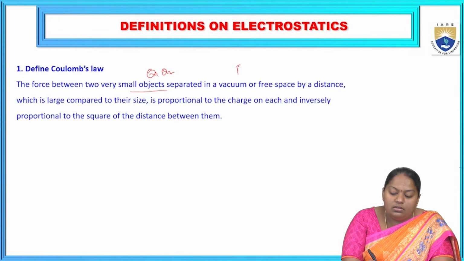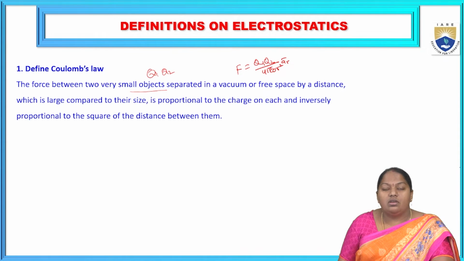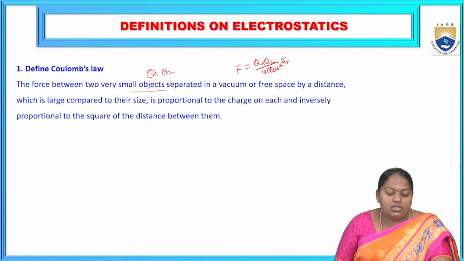In general, that is given by F is equal to Q1 Q2 by 4 pi epsilon naught r square into AR. Q1 Q2 are the two stationary charges, the proportionality constant is replaced here by K, that is K equal to 1 by 4 pi epsilon naught, R is the distance between the two stationary charges, and AR is the unit vector along the direction joining the two.